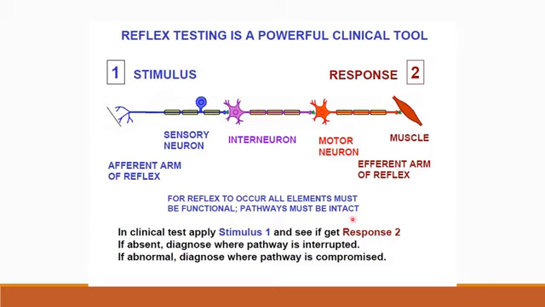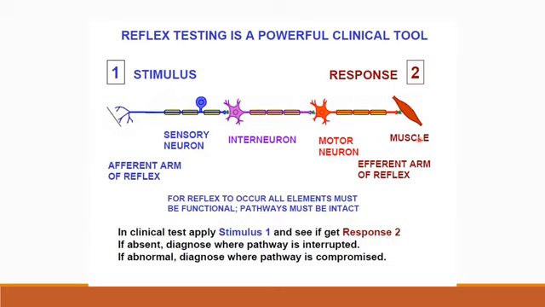That is, the pathways must be intact, from the stimulus to the effector organ. If any damage is present anywhere, the reflex cannot be elicited. If the reflex is absent, diagnose where the pathway is interrupted, and if abnormal, diagnose where the pathway is compromised. So for central nervous system examination, reflex testing is very important.